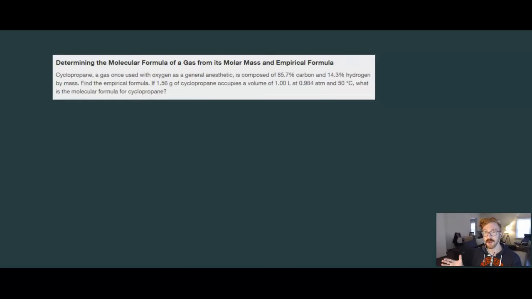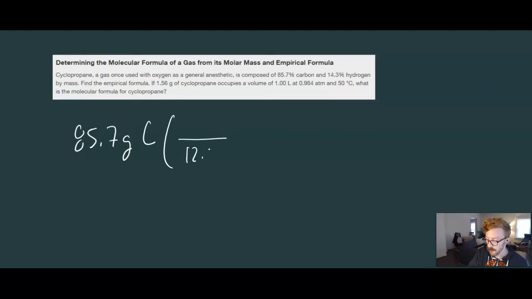The first is just an empirical formula problem. We've seen that before. So you assume 100 grams total, and that allows you to quickly convert from 85.7% to 85.7 grams of carbon. And then we can use the molar mass of carbon to calculate how many moles, here 7.136 moles.